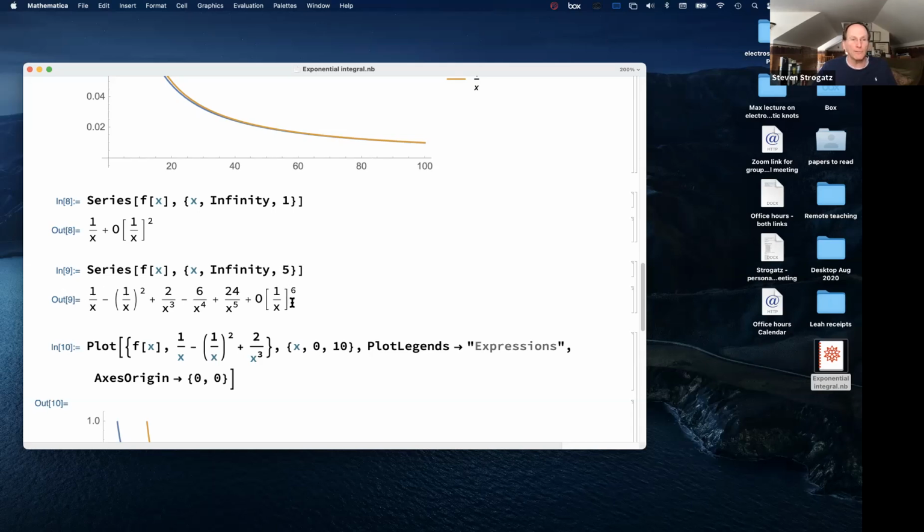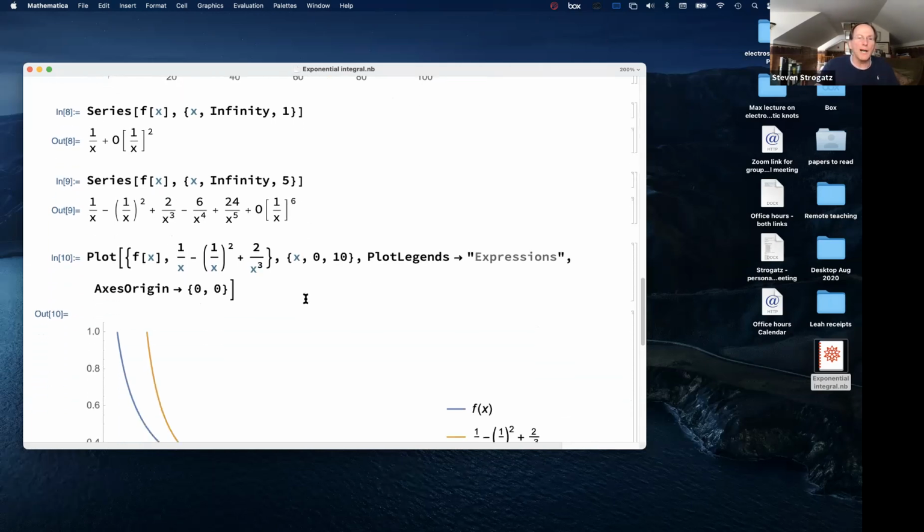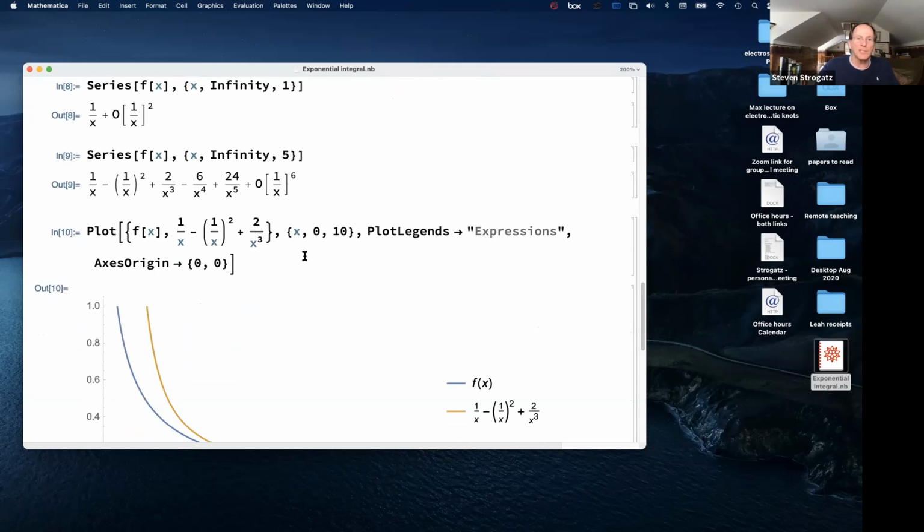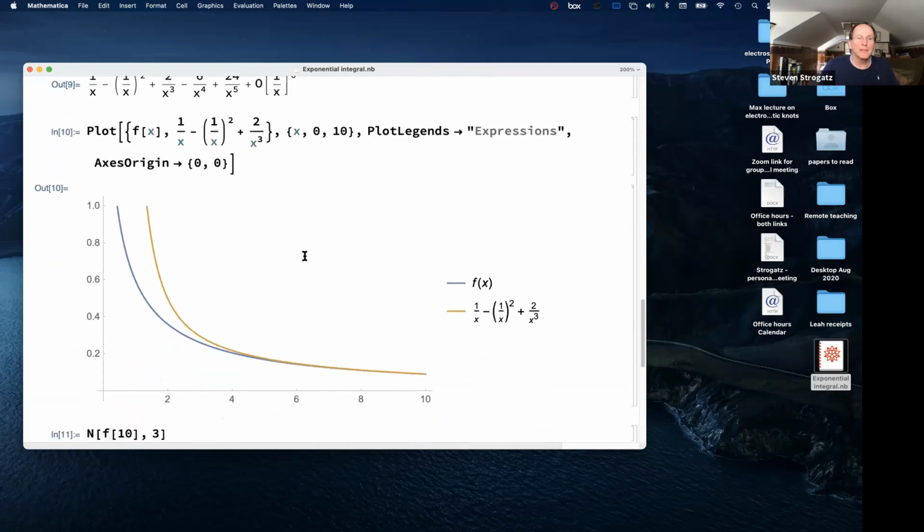And there it is. Those are the first 5 terms that we cranked out laboriously with our n factorial integral. But so it knows how to do all that. And you can ask it to plot, say, the first 3 terms to see if that does better. And you're getting a pretty good asymptotic approximation. Oh, well, all right. That's probably a good time to stop.